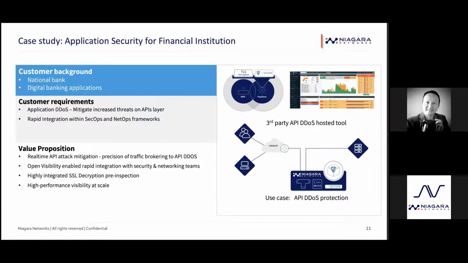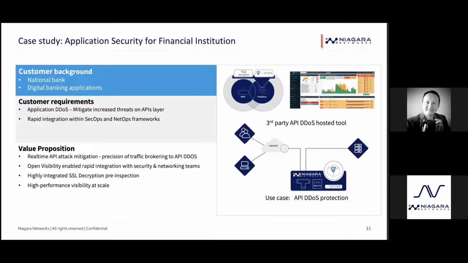Layer 7 Defense is an Israeli company that is able to inspect the API calls and look at the validity, etc. And we combined that with our SSL decryption engine and run this as a combined application on the packet broker again. So the application was running on one packetron and the TLS decryption on another packetron.